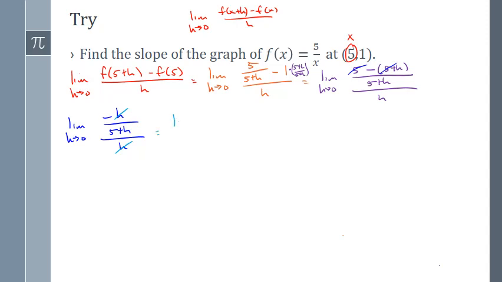So I'm left with the limit as h goes to 0 of -1 over 5 plus h. Now I can evaluate it when h goes to 0. That goes to 0, so that's done. So I'm left with -1 over 5. So the slope of the function 5 over x at (5, 1) is -1/5.